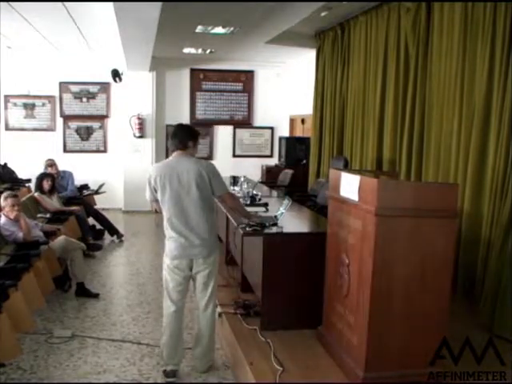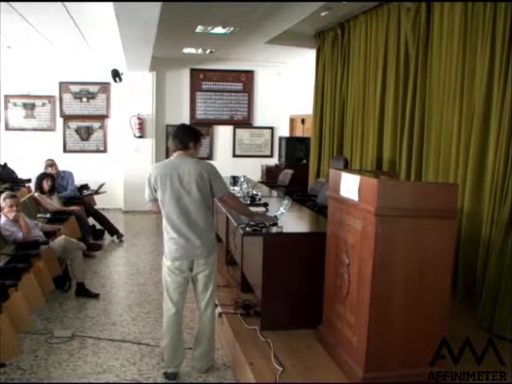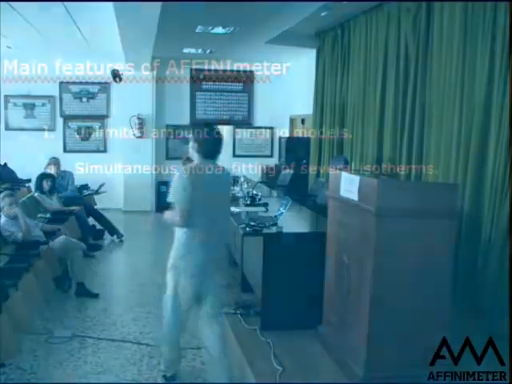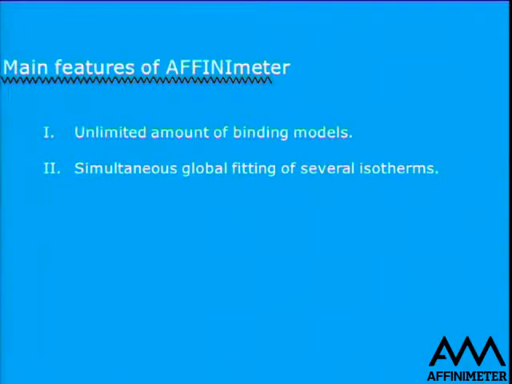So how can AFFINImeter do that? I have summarized the main features of AFFINImeter in only 2. One of them is that the amount of binding models is not limited. They can be designed by the user in a very easy interface. I think Eva Muñoz will show later, and she will convince you, that it's very easy to design new models.